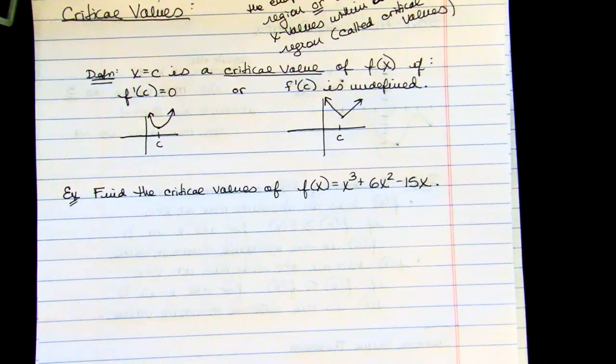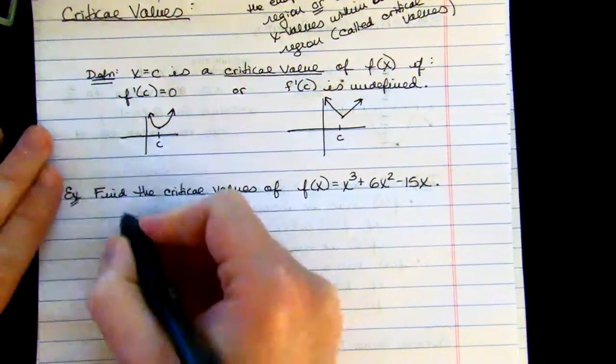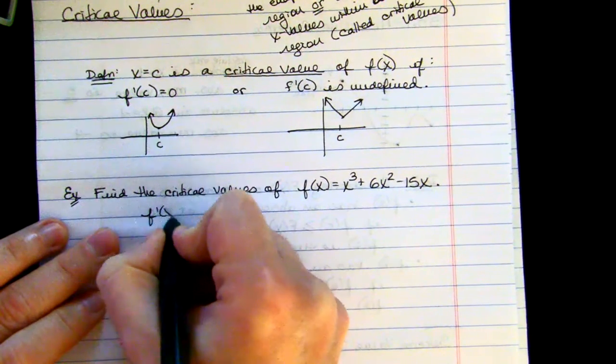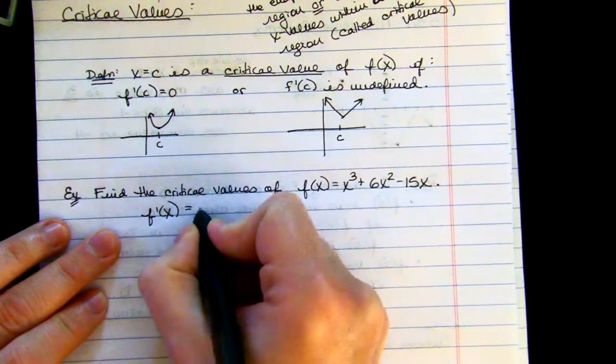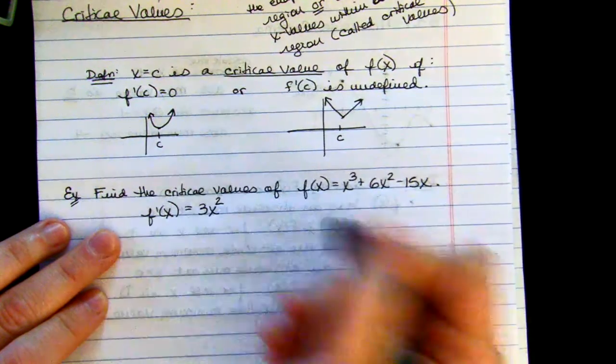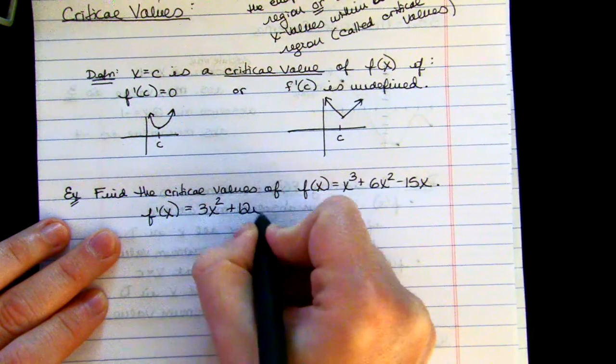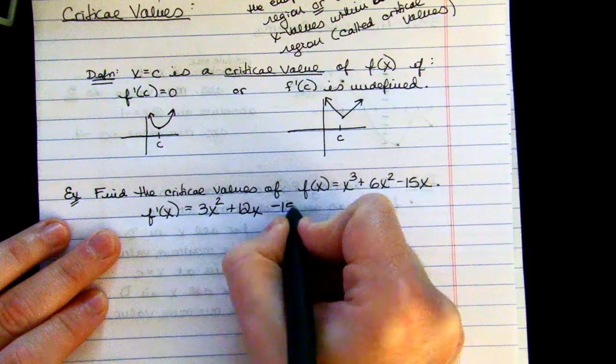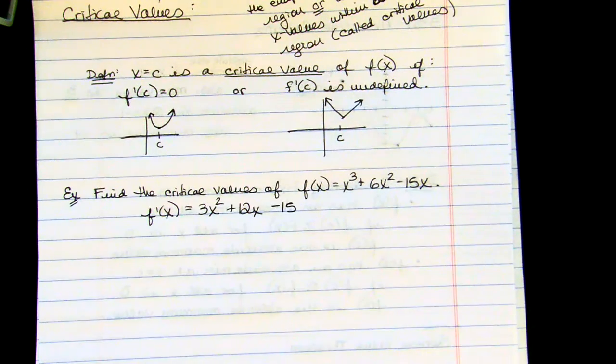Well, the first thing you need to do is find your derivative. So take a moment, get your derivative. My derivative should be f prime of x equals 3x squared plus 12x minus 15. And then I need to figure out what makes my derivative equal 0 or what makes my derivative undefined.